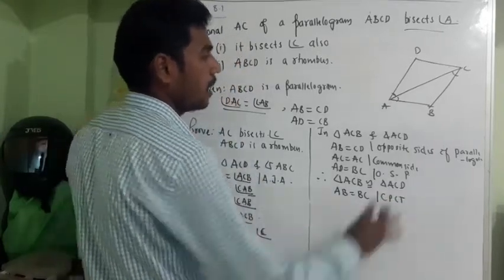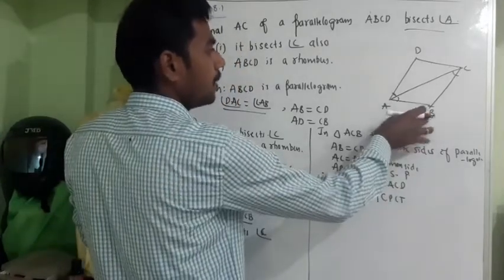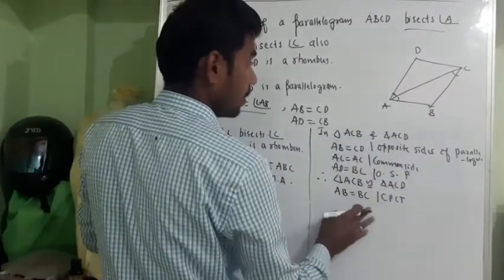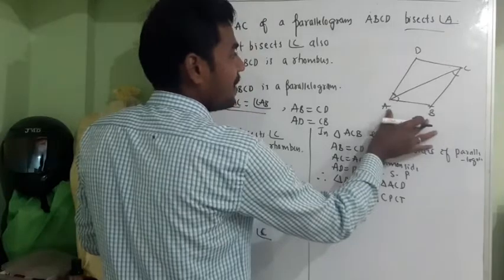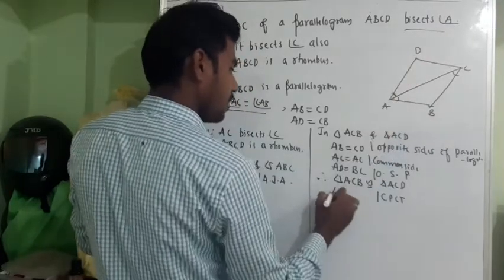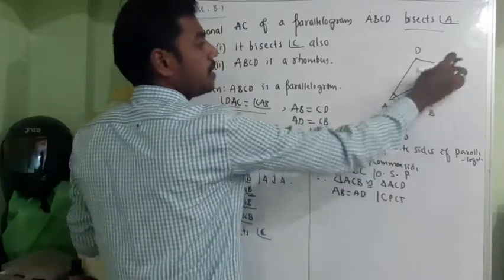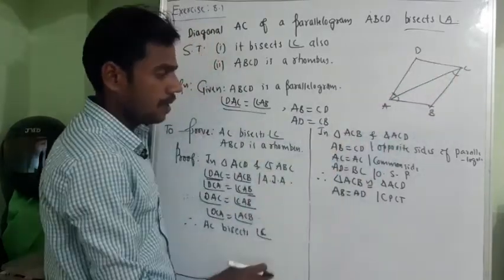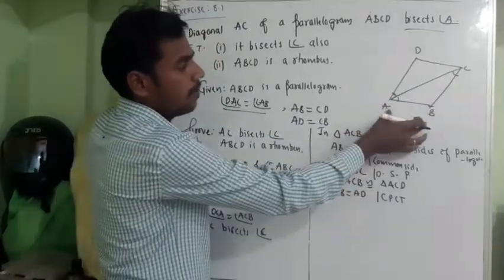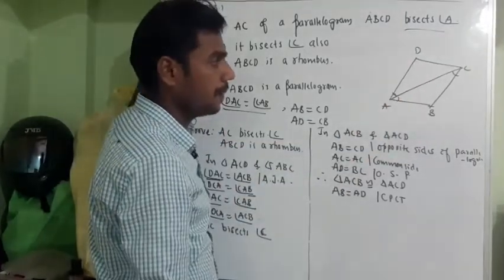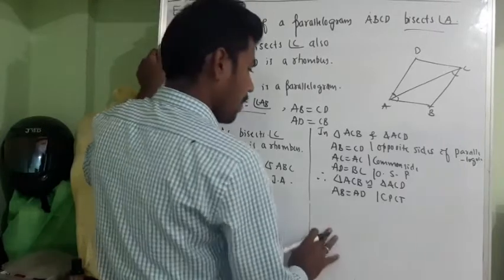Sorry, AB is equal to AD. We proved ABC is congruent to ACD. For that reason, what can I write? AB is equal to AD. That is because of CPCT. Now, what can I see?